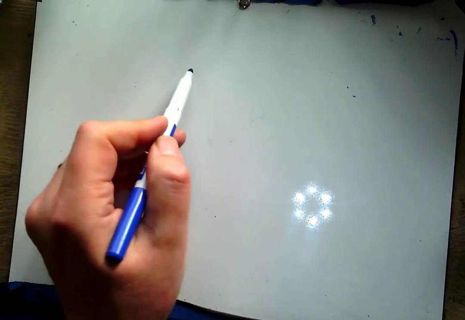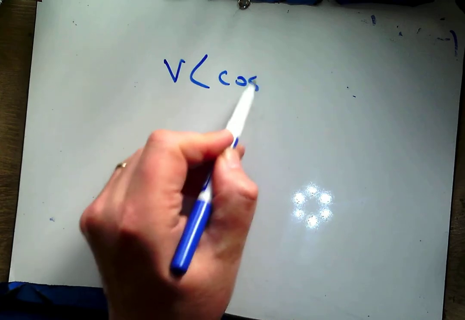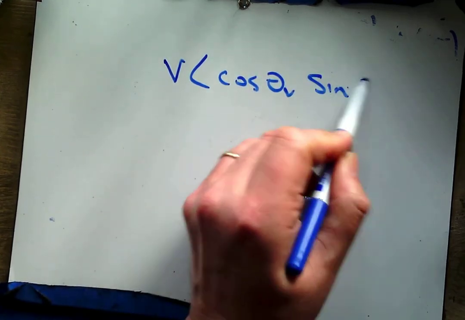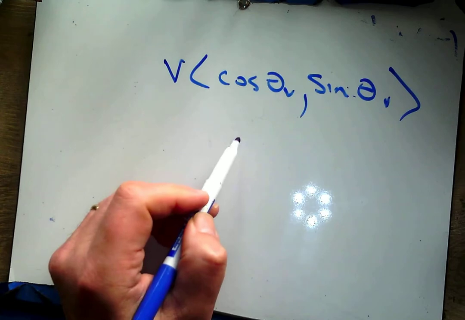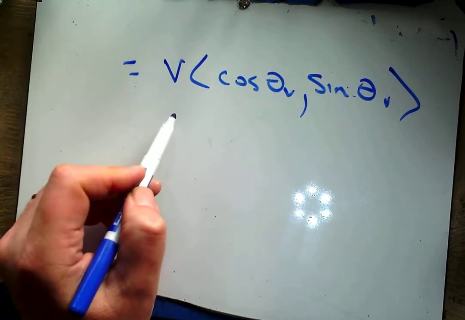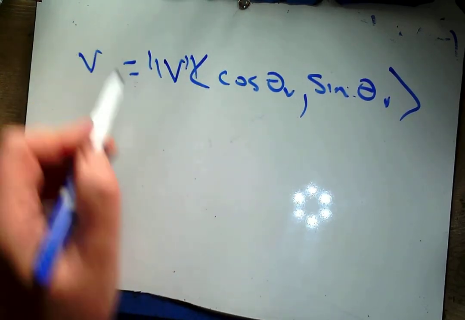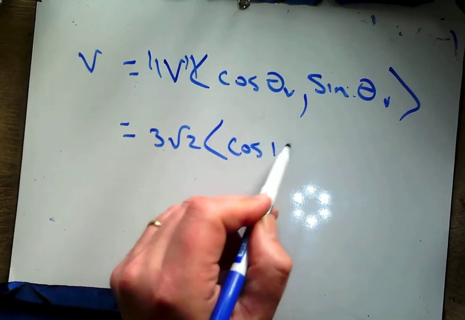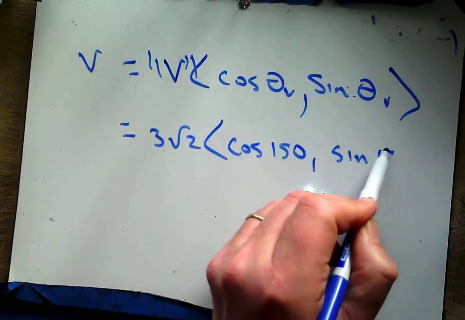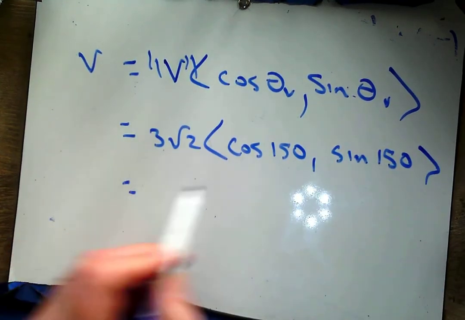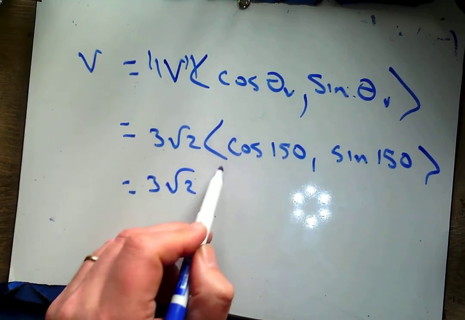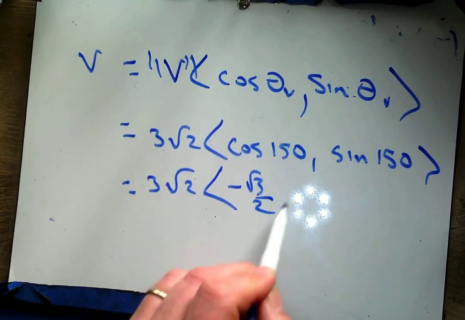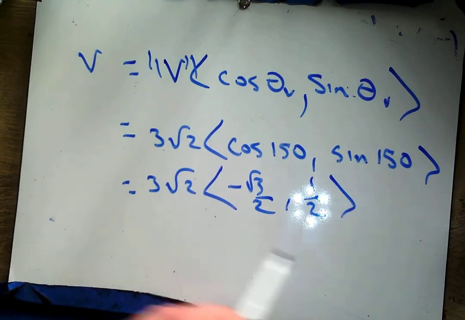Okay, so how about this approach? We have a direction angle. So v cosine theta, v sine theta. And we know all these bits, don't we? We know the magnitude of v is 3 root 2, the cosine of 150, the sine of 150. So cosine of 150, that's negative root 3 over 2. Sine of 150 is 1/2.